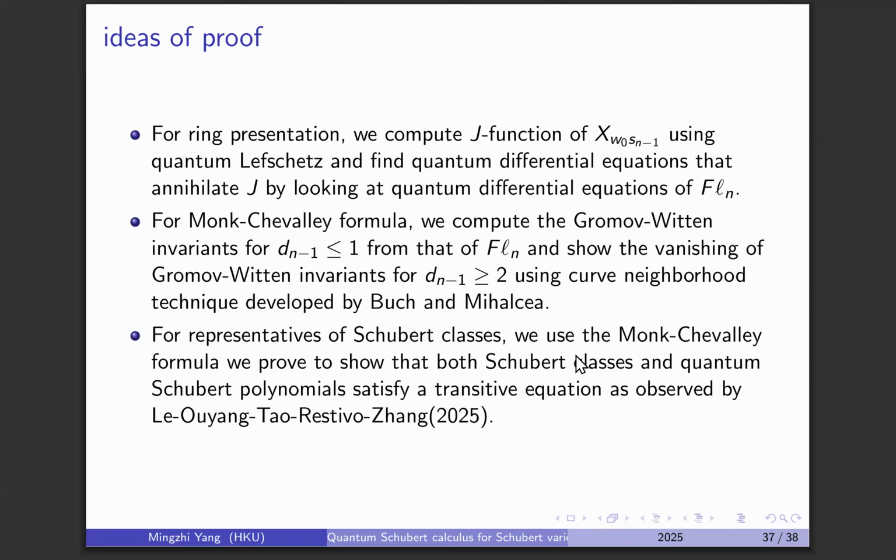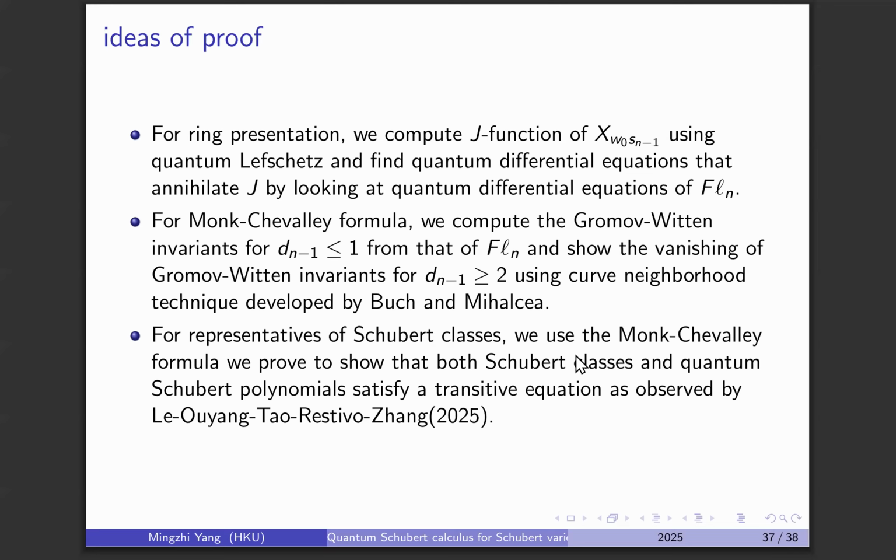And then for the Monk-Chevalley formula, we just compute Gromov-Witten invariants and show that certain ones vanish. In order to show the vanishing of the Gromov-Witten invariants for degree d_{n-1} greater than 2, we use the curve neighborhood technique developed by Buch and Mihalcea. And then we have the Monk-Chevalley formula proved geometrically.